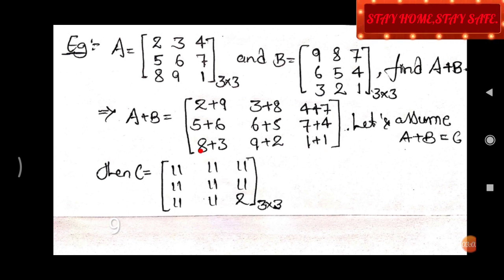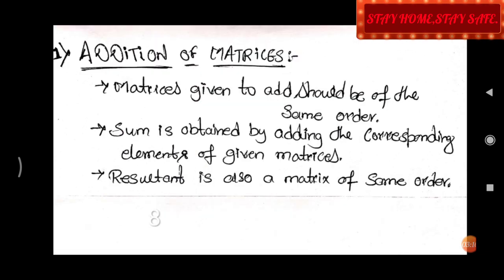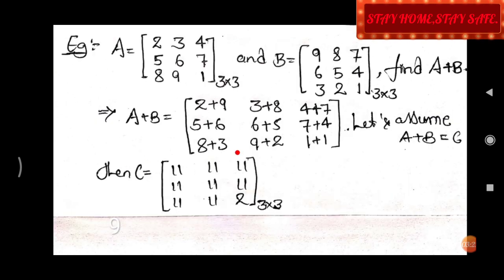So I think by now you get the clear picture of how addition takes place in matrices. Let's assume A plus B is equal to C. Then C is also a matrix of the same order as given here. The resultant, that is C, is also a matrix of the same order, 3 by 3.